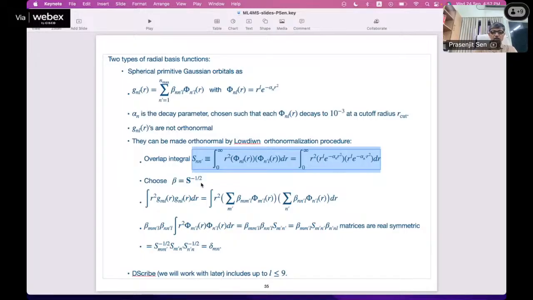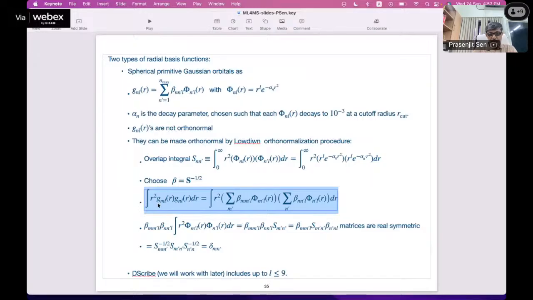I define this matrix beta as S to the power 1/2. Now, what does that do? If I choose beta to be S to the power 1/2, then when I calculate the scalar product of two functions, g n l and g m l, what do I get? I just plug this in. There is r squared, and for g m l I have this part, and for the second function g n l I have this part. You have to sit down and look at these things when I share the slides.